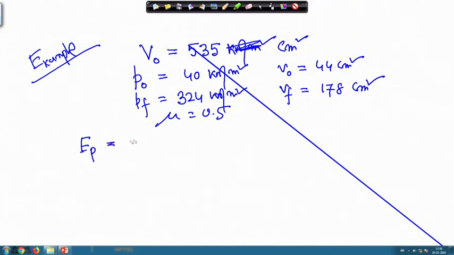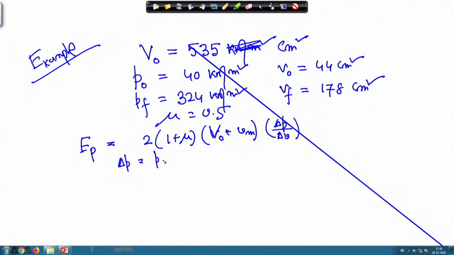That is Ep is equal to 2 into 1 plus mu into V0 plus small vm into delta P divided by delta V. So, delta P is Pf minus P0, that is 324 minus 40, so that is 284 kilonewton per meter square.